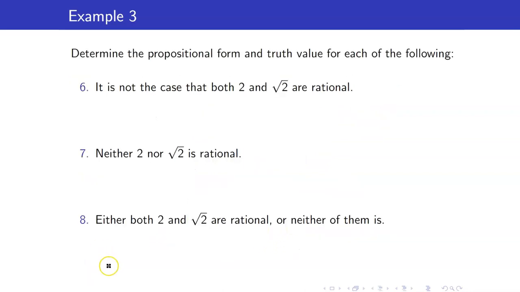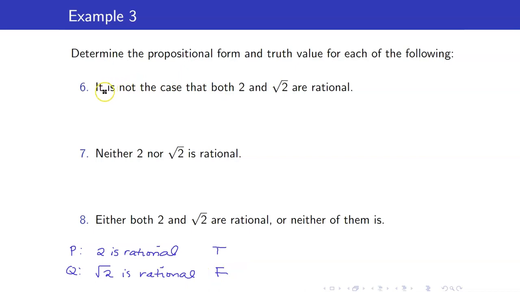Next, it is not the case that both 2 and square root of 2 are rational. So for these 3 examples, I will let P be the statement that 2 is rational, and Q is the statement square root of 2 is rational. P is true. Square root of 2 is rational. That is false.